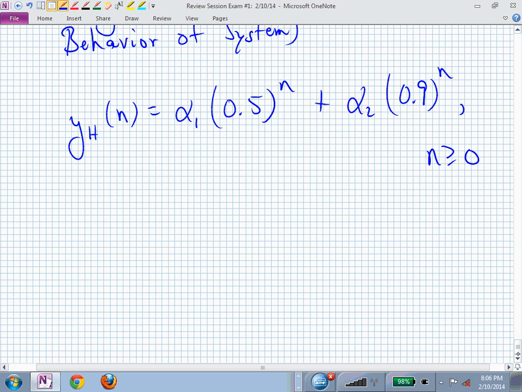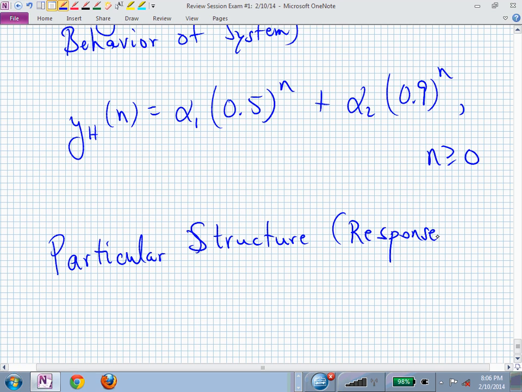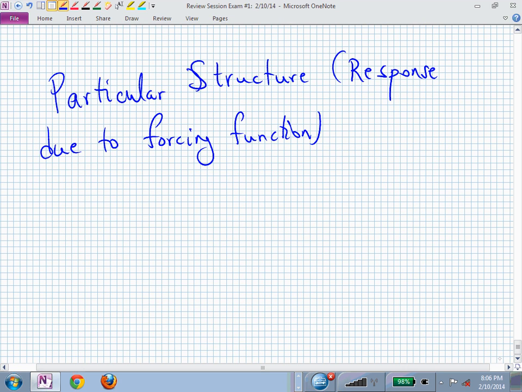If I now say the particular, or the response due to a forcing function, now what's y sub p?